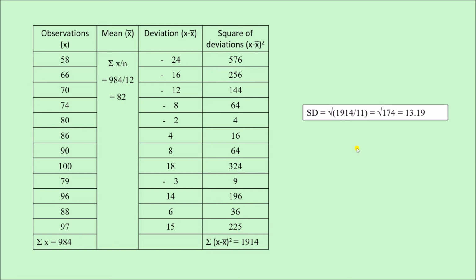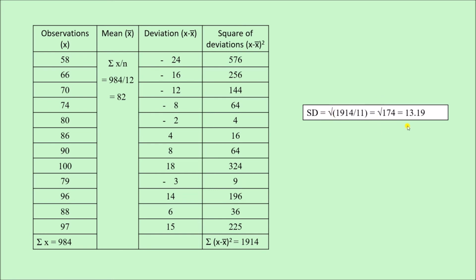So the final step is dividing 1914 by n minus 1, if you remember, because the sample size is less than 30. So n is 12, so n minus 1 will be 12 minus 1, that is 11. So 1914 divided by 11 is 174, and we have to put the whole thing under the square root.